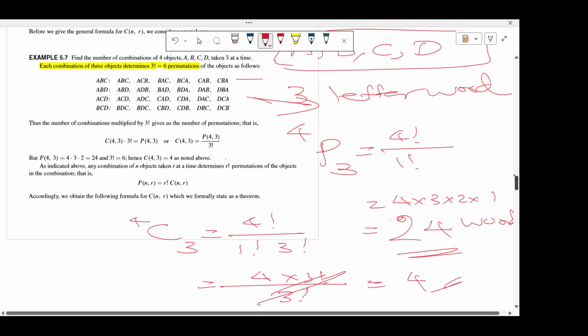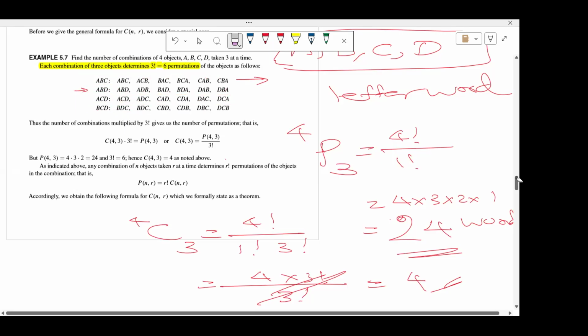If you look at the first row, A, B, C, only this is the group. All the 6 permutations include only A, B, C, these 3 objects. If you look at the second one, all these 6 permutations indicate the 3 letters A, B, D. The third one has only A, C, D among these 6. And B, C, D are the only ones included in these 6 permutations.